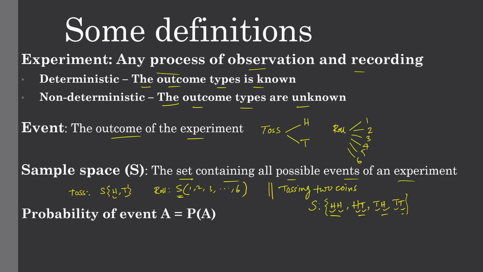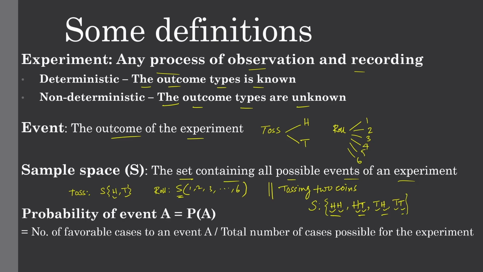Then the probability of an event, P(A), according to the classical definition of probability, is the number of favorable cases to an event A divided by the total number of cases possible in an experiment. For example, if you want to calculate the probability of having heads in a tossing experiment, then it is the number of heads that you have observed divided by the total number of events. Suppose you conducted 100 tossing experiments, and out of that, in 40 you found that heads had occurred.